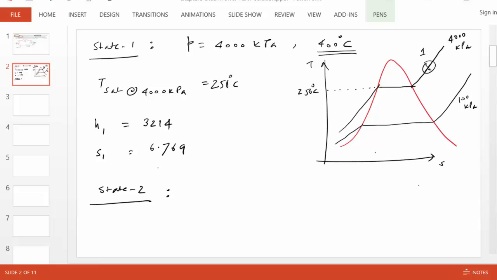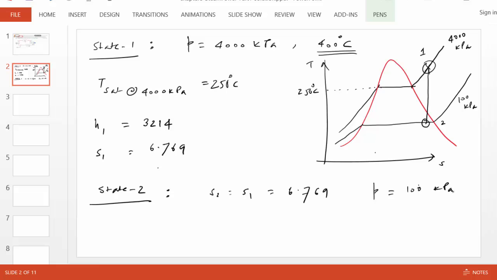And in the turbine, entropy remains constant, so state 1 to 2 is isentropic, so entropy at state 2 is known. Also, we do know that pressure at this state is 100 kPa.